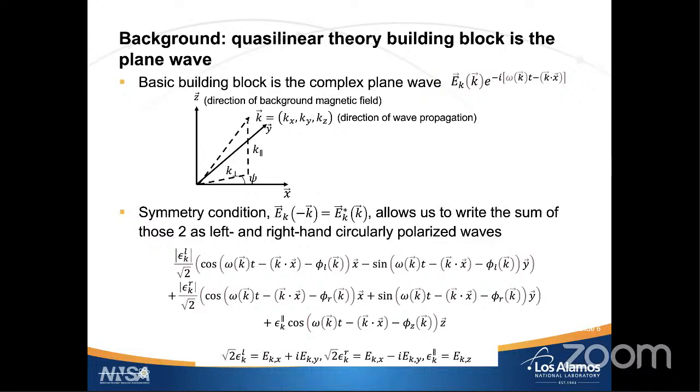Under the symmetry condition assumed by Kennel and Engelmann, it is straightforward to write the sum of each pair of plane waves, one at positive k and one at negative k, as a pair of waves, one of which is right-hand circularly polarized, indicated by the plus sign leading the sine function, and one which is left-hand circularly polarized, indicated by the minus sign applied to the sine function. Because the amplitudes of the left and right-hand waves can be different, any polarization of the combined wave can be realized, that's circular, elliptical, or linear. Next slide, please.